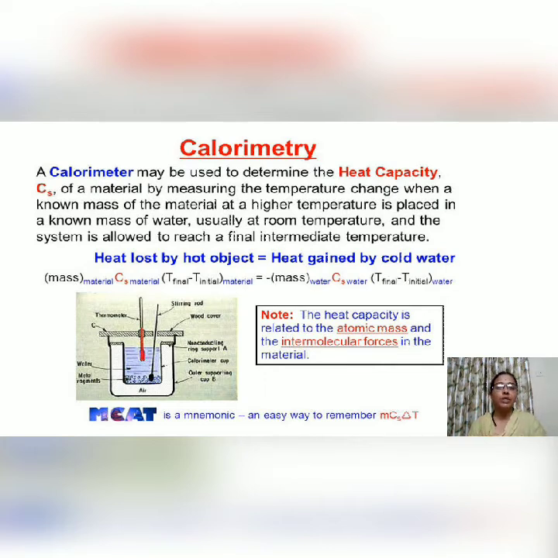For calculating, the heat lost by the hot object is equal to the heat gained by the cold object. The hot object is losing heat and the cold object is gaining heat, so heat is transferred from the hot object to the cold object. How to calculate? Heat is M into C into delta T. M is the mass of the material, Cs is the specific heat capacity of that material, and delta T means T final minus T initial.